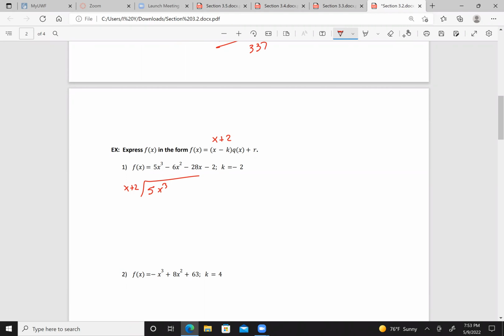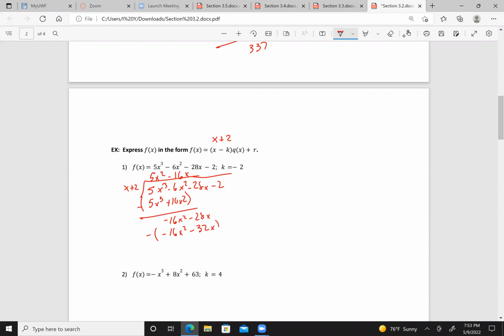So again, 5x cubed plus 6x squared minus 28x minus 2. So we have 5x squared, which gives me 5x cubed plus 10x squared. Subtracting, we get negative 4x squared. Bring down our negative 28x. So minus 4x, we have minus 4x squared minus 8x.